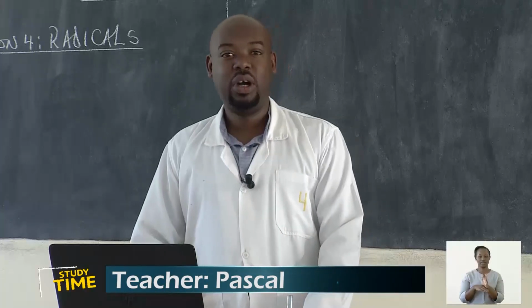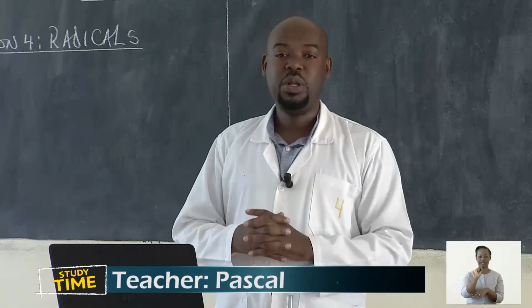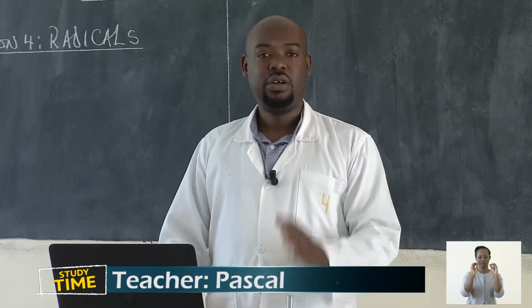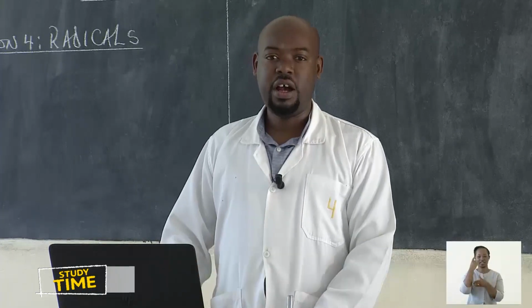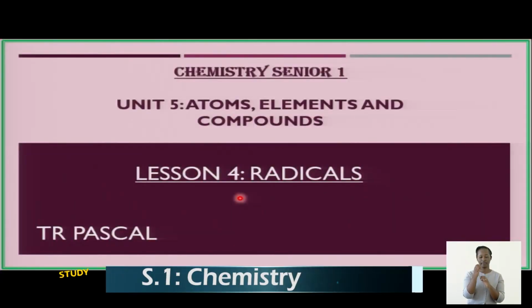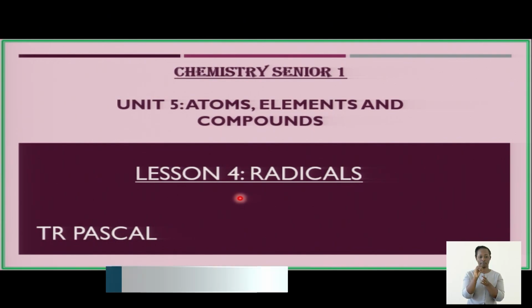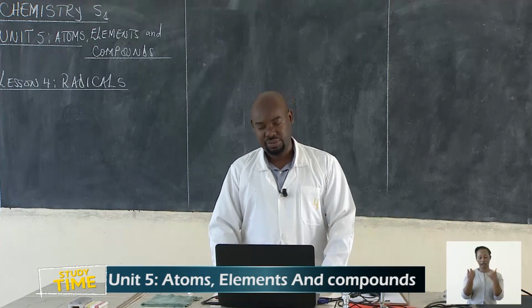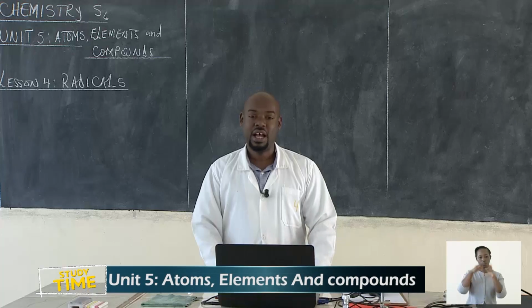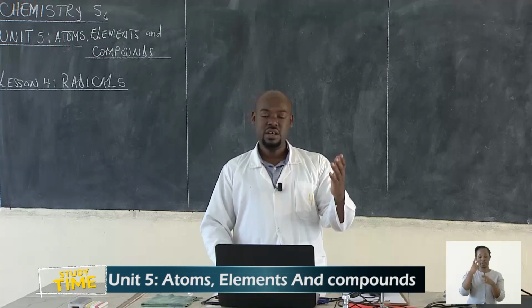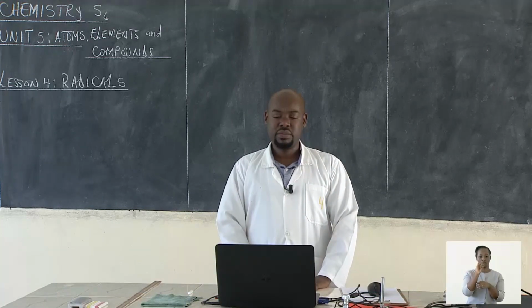I'm Teacher Pasco, and today I will be with Senior 1 students continuing with unit number 5, atoms, elements and compounds. But today we will have a new lesson. We have seen that matter is composed of atoms. You remember that. We have seen what we call an element.